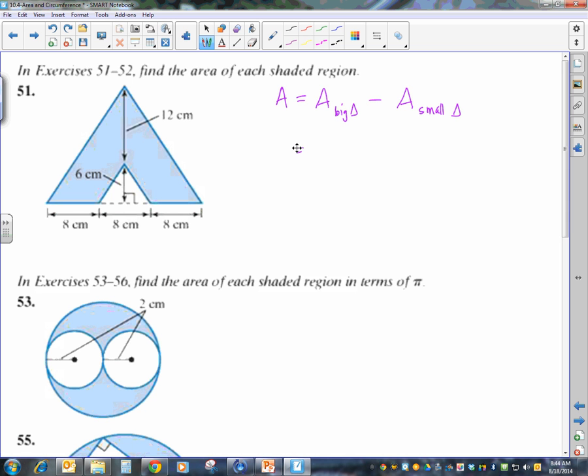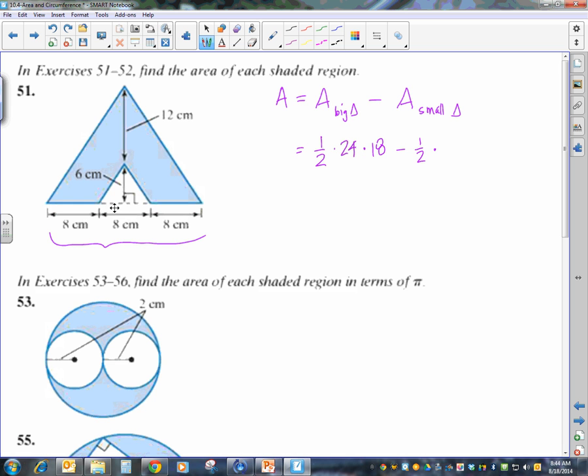So, area of my big triangle, 1/2. The base, what's the base of my big triangle? That's this whole thing. So that's 24. 1/2 base times the height. The height is 12 plus 6, which is 18. And the area of the small triangle is again 1/2 the base.